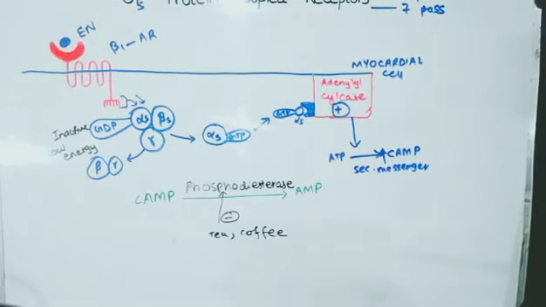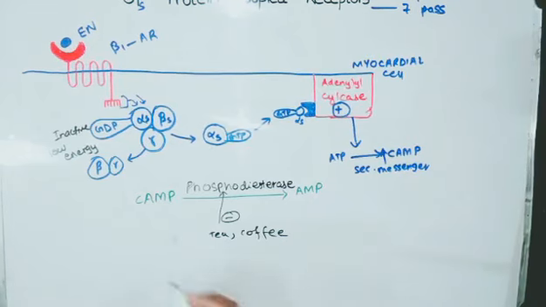And there should be some enzyme that basically dephosphorylates the proteins that were phosphorylated by protein kinase A when it was stimulated by cAMP. So there is an enzyme that is known as phosphatase. Phosphatase is basically an enzyme that dephosphorylates the protein.